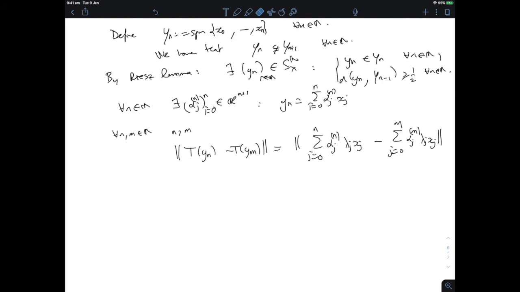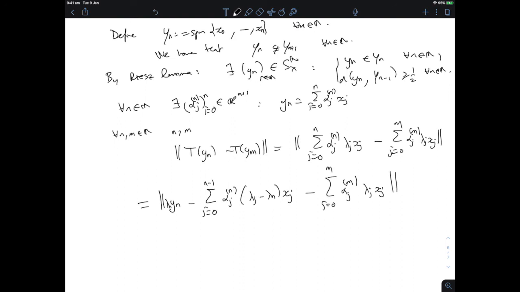Okay, and now I can rewrite that as y_n times lambda_n minus what? Minus the sum j equals 0 to n minus 1 of the alpha_j^n of lambda_j minus lambda_n x_j, and then minus the sum from j equals 0 to m of alpha_j^m lambda_j x_j.